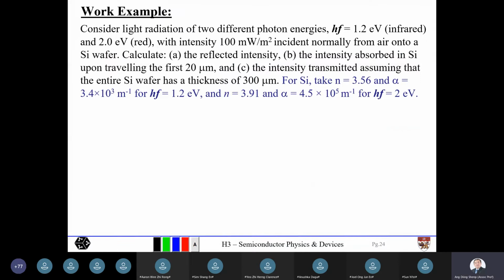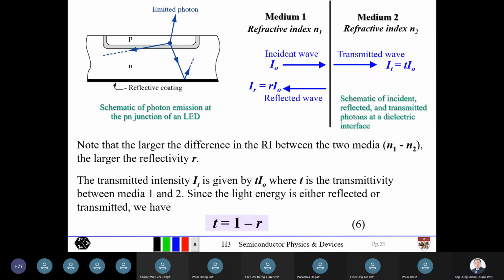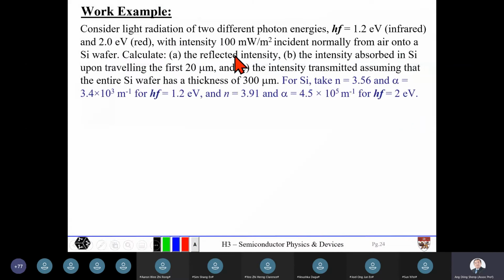Okay, let's do one worked example before we go for the break. This is just to let you have a feel of the amount of light that can be transmitted or reflected for common semiconductors such as silicon. You can repeat this exercise for germanium.